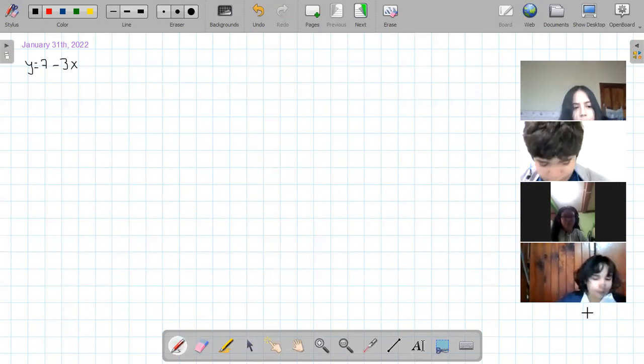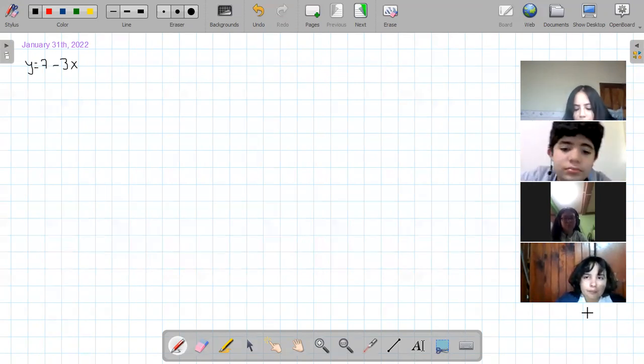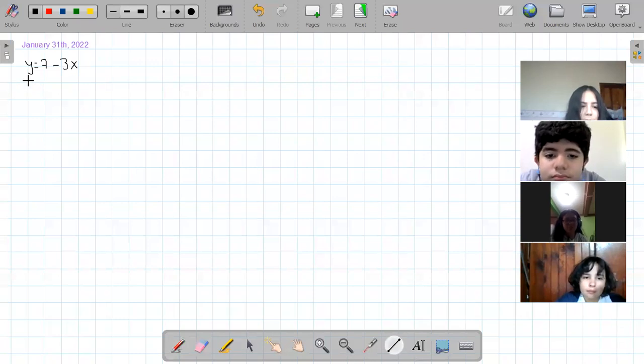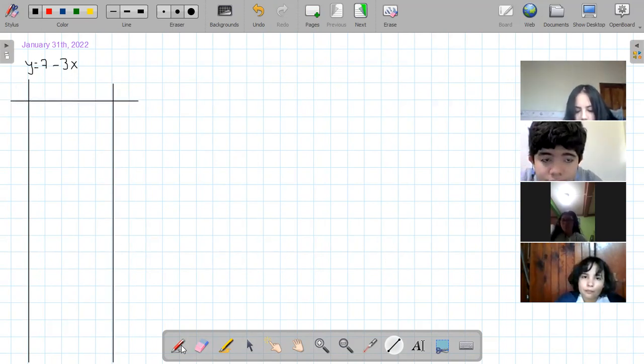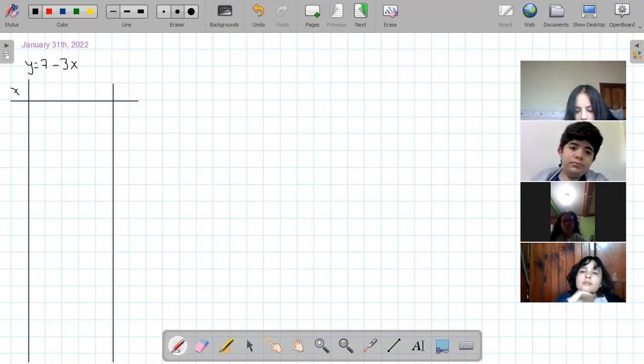What matters, what tells you that you're ready to start using the input-output table, is that you have the variable y completely alone. So we're going to do our chart, our table. We're going to do a 3-column table. We got x over here.